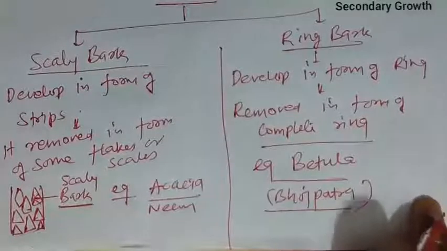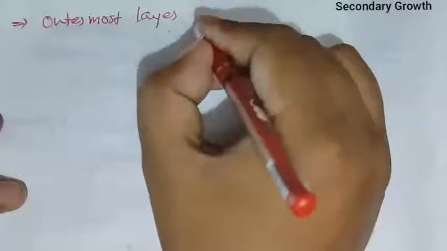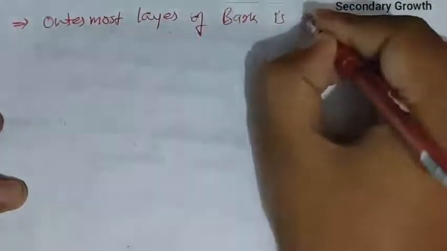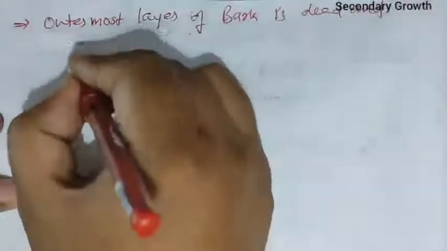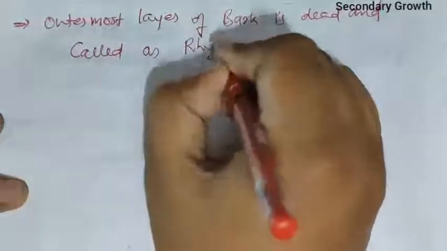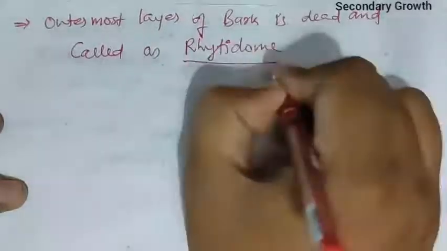This bark is known as ring bark. The outermost layer of bark is dead and called rhytidome.